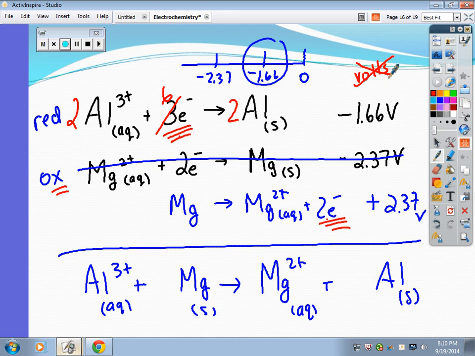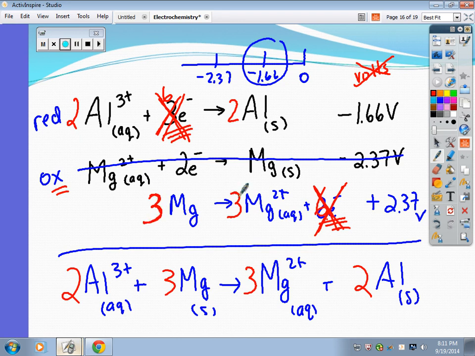No way, Jose. Okay? Now, what am I going to do here? I have 2 electrons here, which means I'm going to multiply this by 3 and this by 3 to make this 6. And now look what happens. My electrons cancel. I throw 6, I catch 6, and now I bring my numbers down from my balancing. And again, do I multiply by the volts? I multiply this by 3, this by 3, this by 3 to turn that into 6.